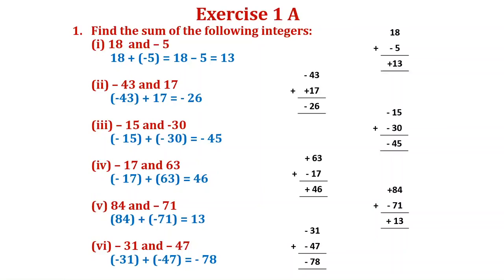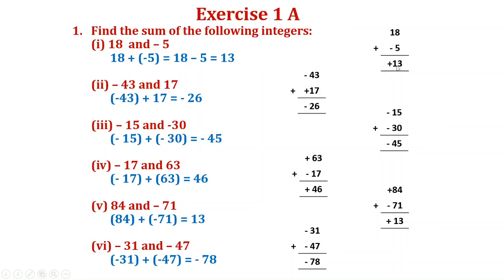First you have to subtract the smaller number from the bigger number. Even though it is addition, you should subtract the smaller number from the bigger number if the two numbers have different signs. After subtracting, you will get 13 here.